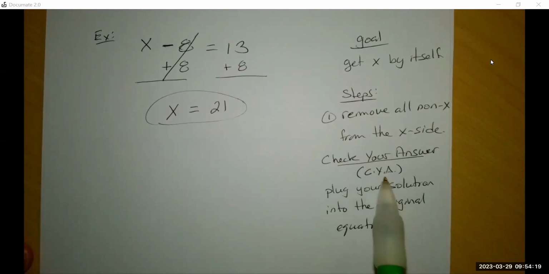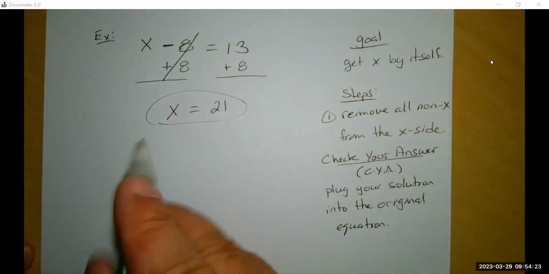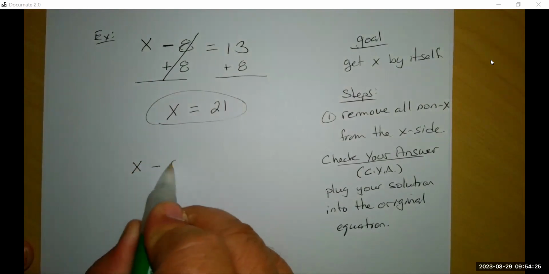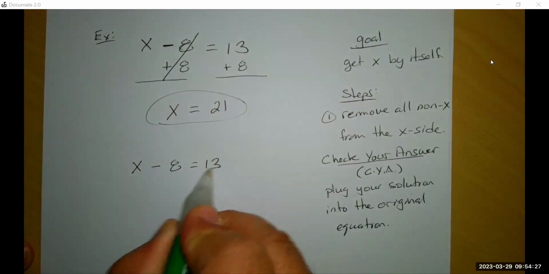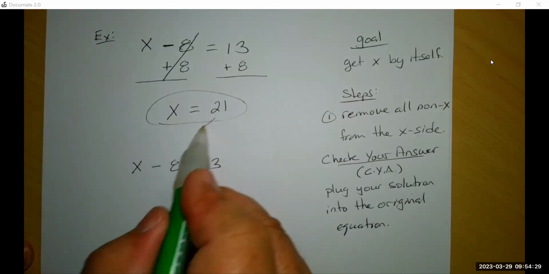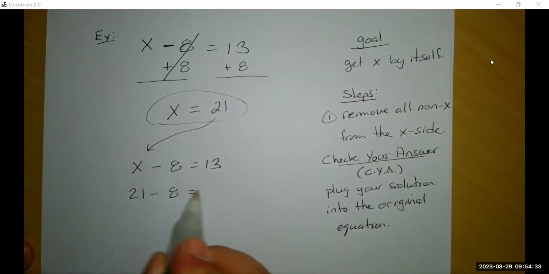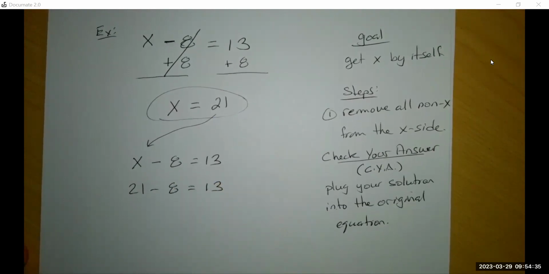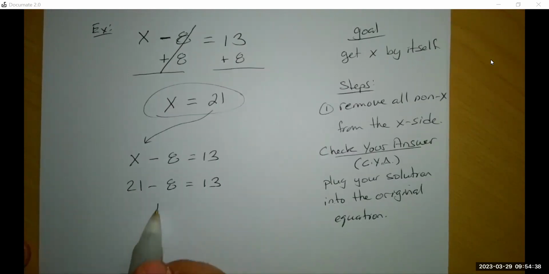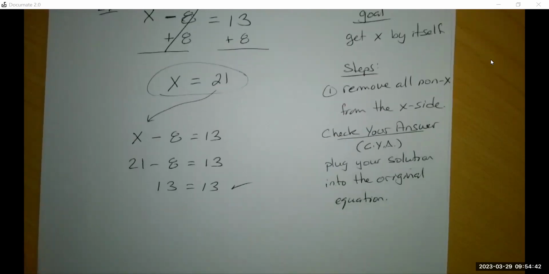To check your answer, plug the solution into the original equation. So the original equation was X minus 8 equals 13. You're saying that X is 21. 21 minus 8 is 13. So that's a good solution.